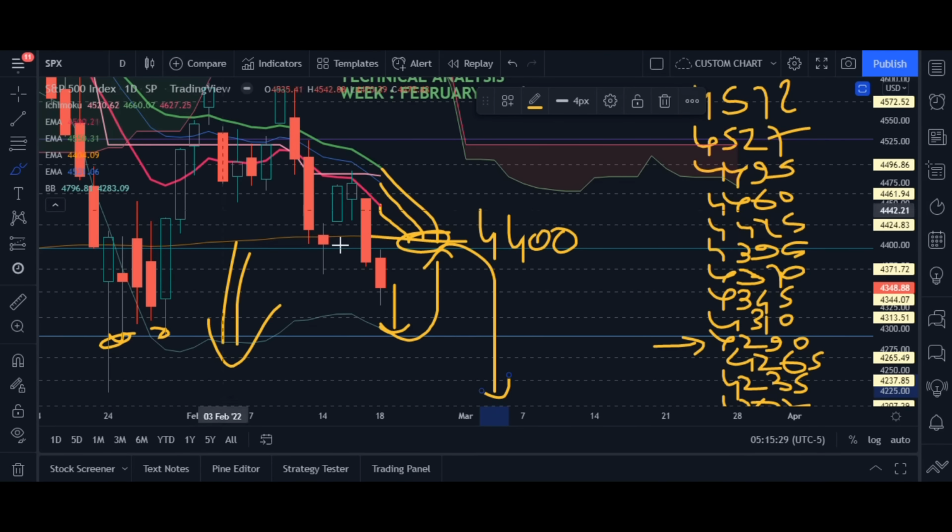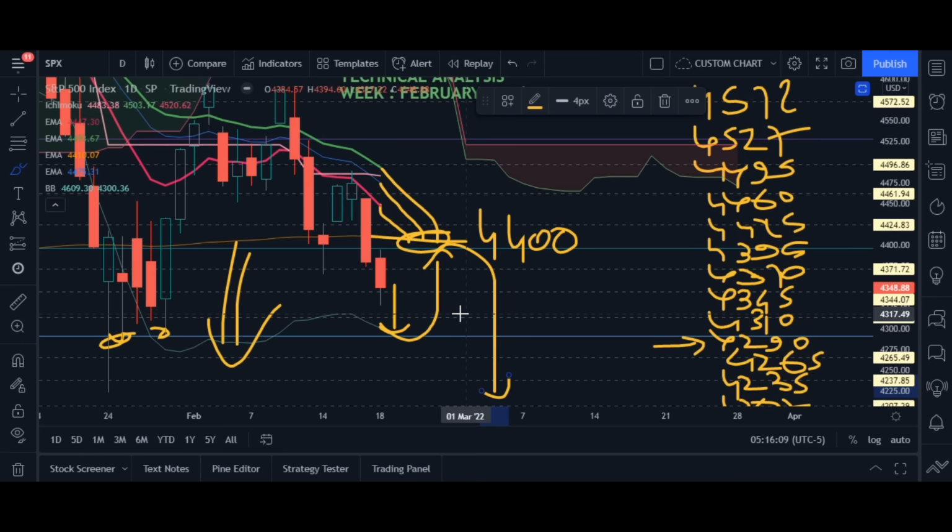One more thing that you must not forget: the technical indicators will not work, especially when the geopolitical situation or some economic situation is extremely bad. In that case it will be the emotions of the people, basically the fear, that will drive the market. You must consider this point also.